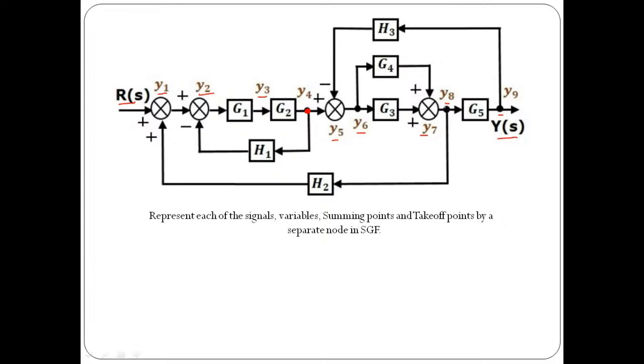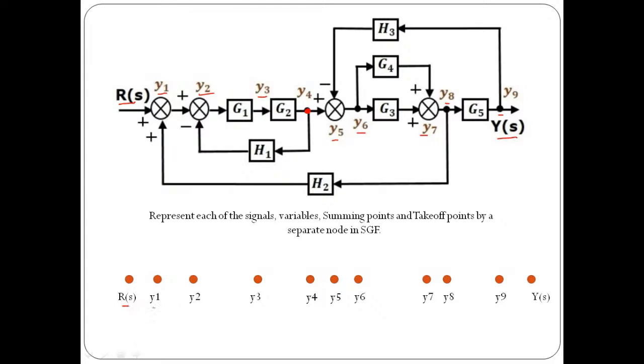Now what we need to do is place them in their corresponding equivalent signal flow graph like this. So these dots indicate each node corresponding to a signal, variable, summing point, and takeoff point available in the given block diagram. This will be the first node corresponding to the reference input signal.